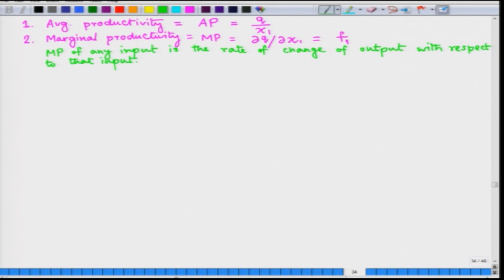So, this definition directly follows from the partial derivative representation of marginal product.